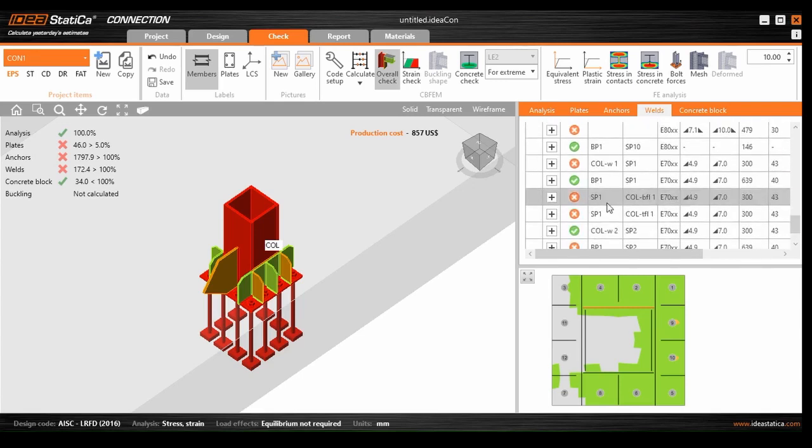Some of them are passed and some of them are not. So the only way to strengthen a weld line is to increase its thickness, but sometimes if you add rigidity to the connection, it may reduce the forces applied on the weld, or you can use weld electrodes with higher grade.